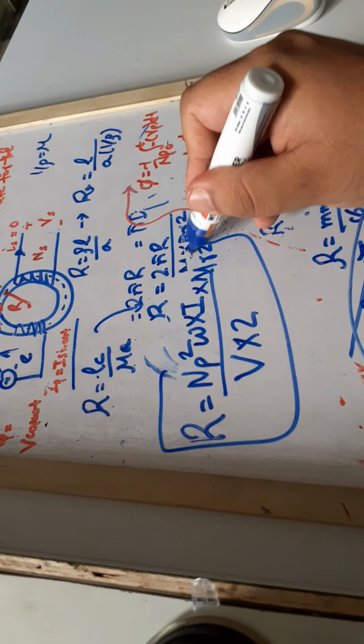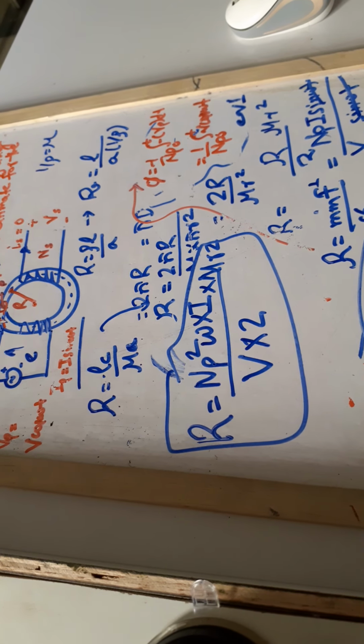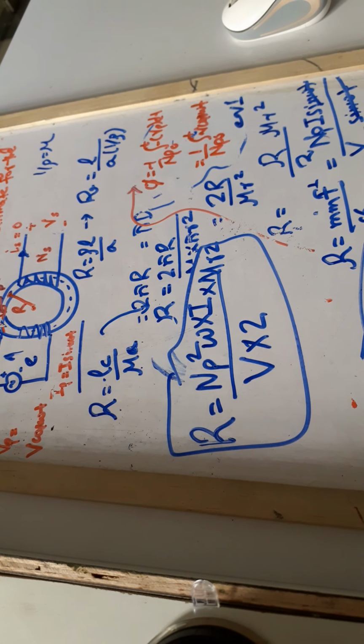So this is my final value. If I see the options, I get r is equal to Np square omega I divided by mu r square into 2 pi. Is there any option available? Let's see the options. Option D is the answer.